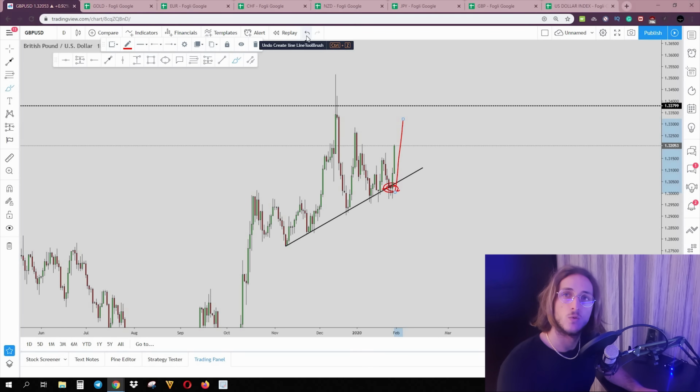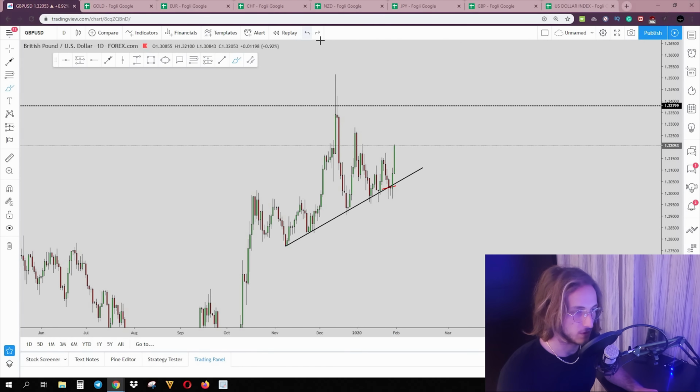Now, how will we be able to look at another long on GBP/USD? What we will be doing with the students is waiting for the market to move a little bit higher. Then if the market makes a retracement and goes to retest this area here, which is the previous resistance, now turned support, we will be monitoring the 4 hour time frame, waiting again for one of our valid entries.